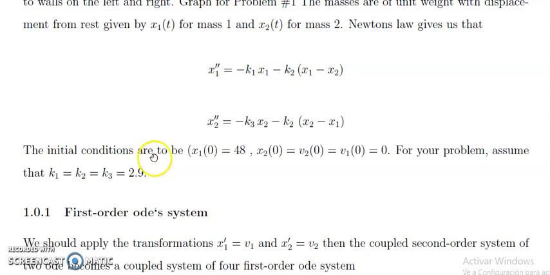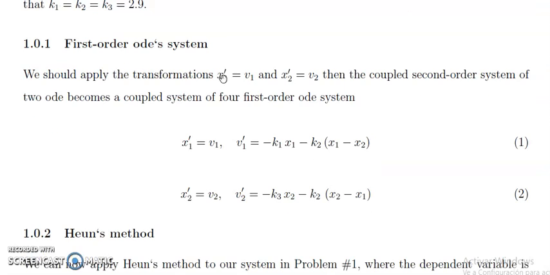First, remember, we transform the system of two ordinary differential equations of second order into a system of 4 first order differential equations using this nice trick. The trick is basically that the derivative of the position of the mass with respect to time is equal to velocity.